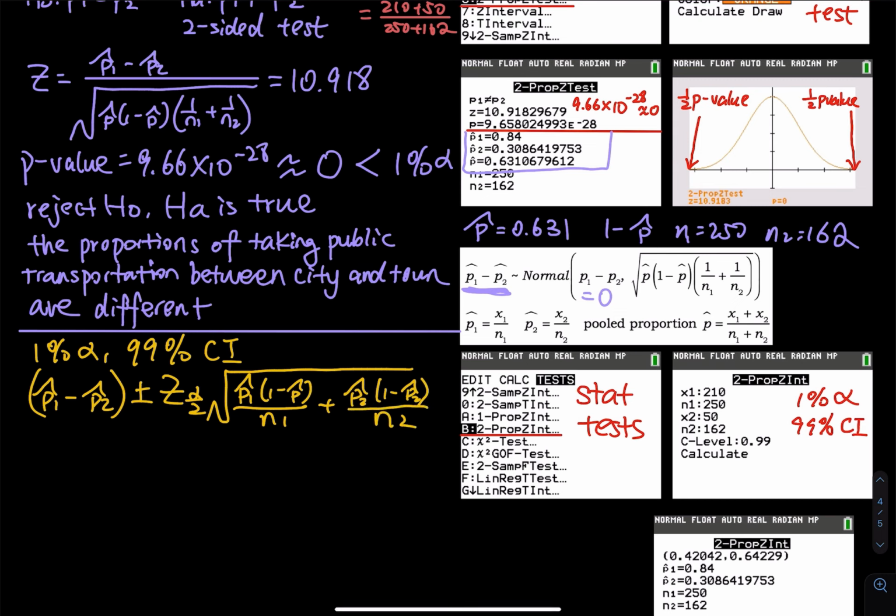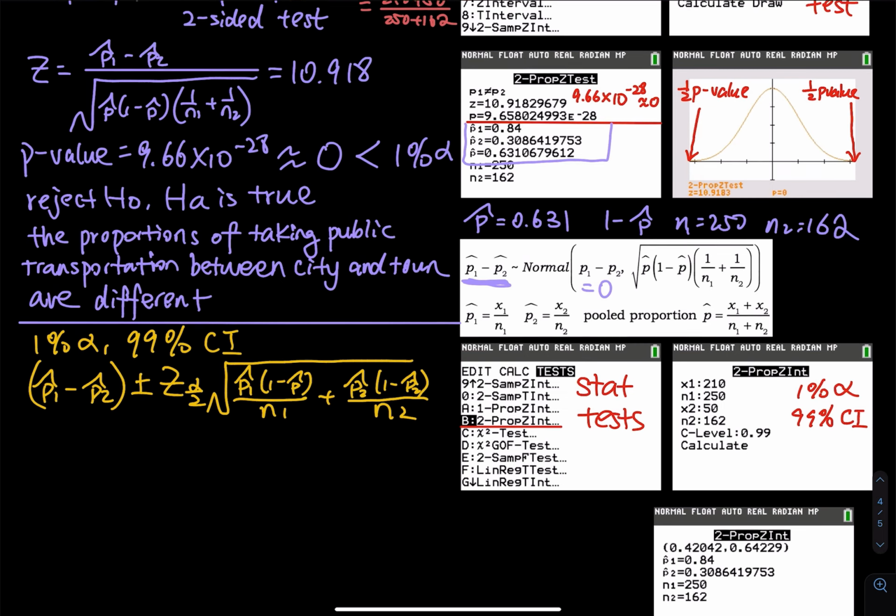You don't need to plug in any number. You go to stat and then you go to test. This time you're selecting 2 proportion Z interval, 2-PropZInt. Okay. You click enter, the numbers will roll over from the hypothesis test, and then make sure the C level, which is the confidence level, is right. This is 99%, and then you hit calculate.